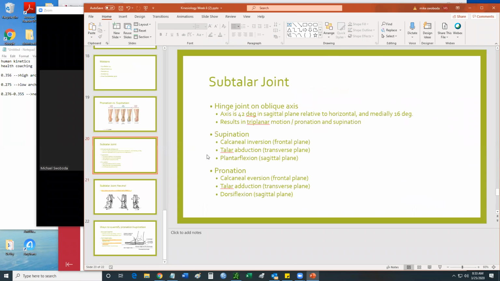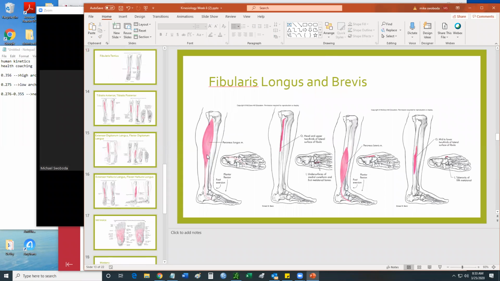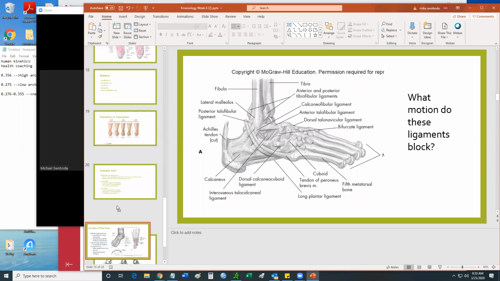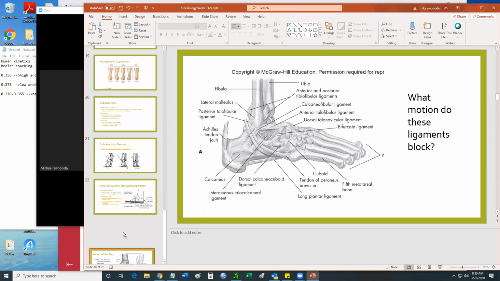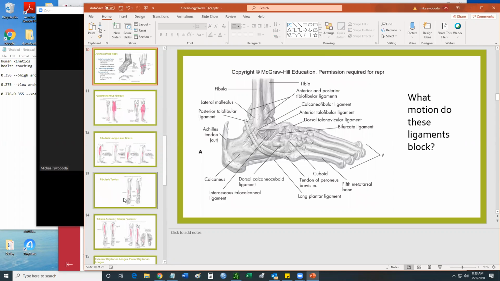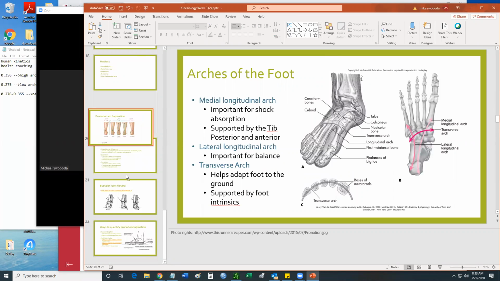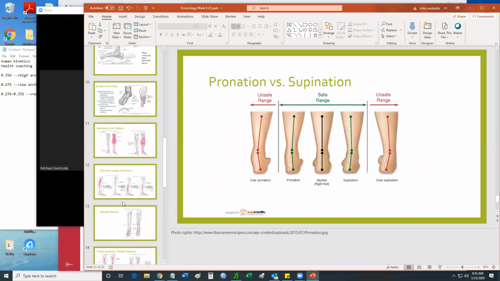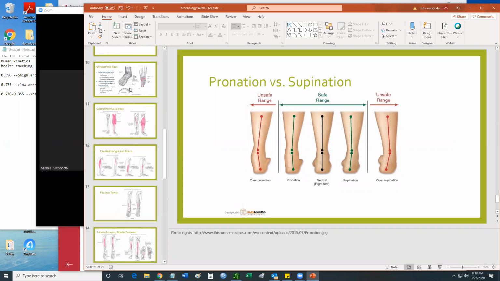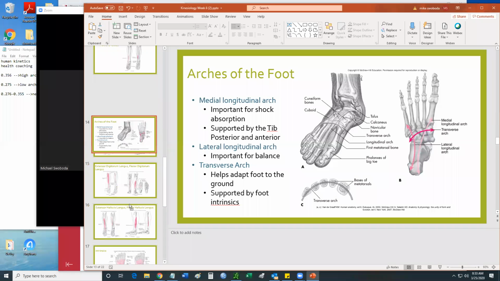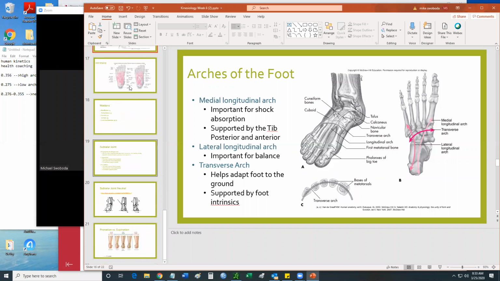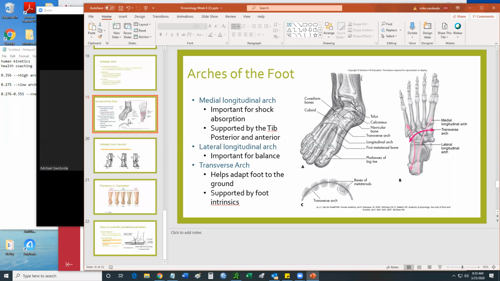But now what I want to get into is your arches and tests for these. Okay, you have three arches in your foot.